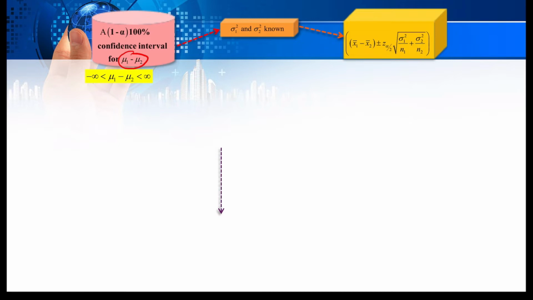So what is the formula to construct the confidence interval for the independent case, mu1 minus mu2? First, consider whether any sigma is given. Because you have two samples, you will have two sigmas. If any sigma is given in the question, you use the first formula.